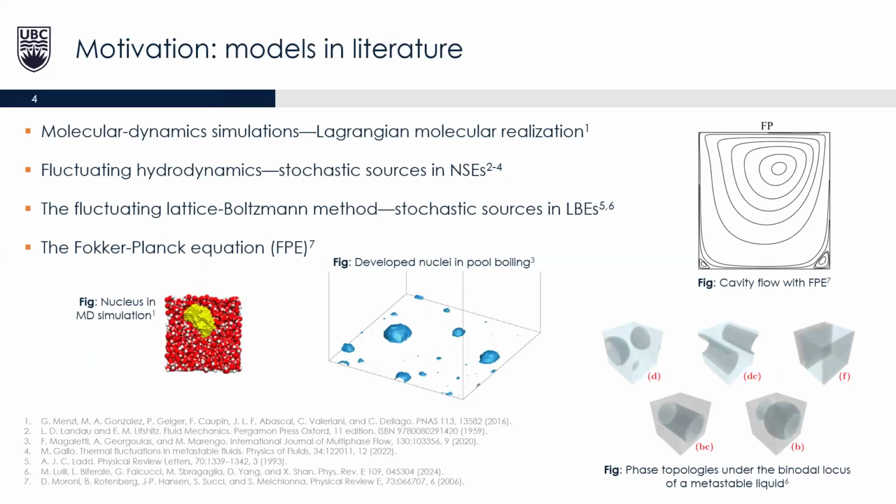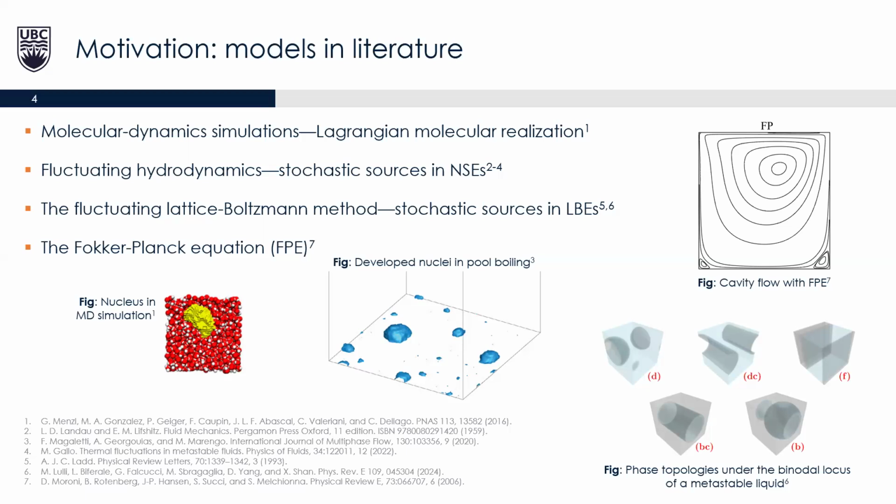This is an overview I tried to make of what has been done so far. We saw some very nice contributions that are very fundamental, but there are a couple of other ways to do it, and they mainly start with the so-called fluctuating hydrodynamics theory from Landau and Lifshitz, in addition to molecular dynamics, where you can get very fine resolution of tiny nuclei and phase transitions.